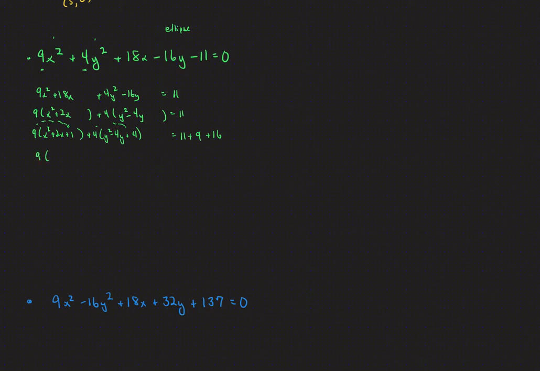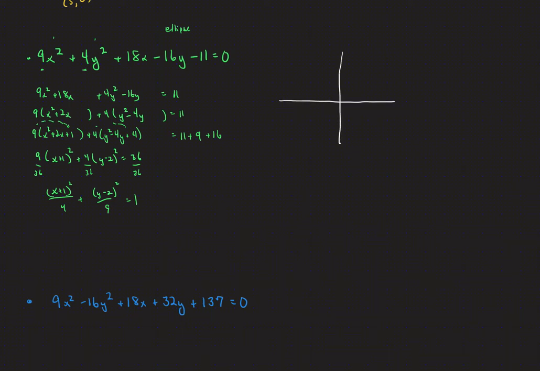So this becomes 9 times x plus 1 squared plus 4 times y minus 2 squared is equal to, that looks like 36. We want that to be equal to 1, so we'll divide through by 36, and our standard form of our ellipse is going to be x plus 1 squared over 4 plus y minus 2 squared over 9 is equal to 1.